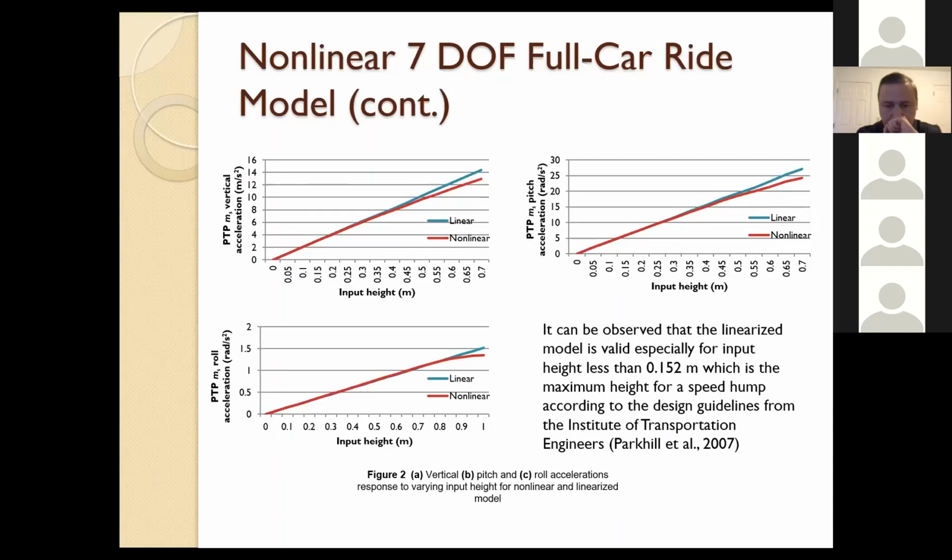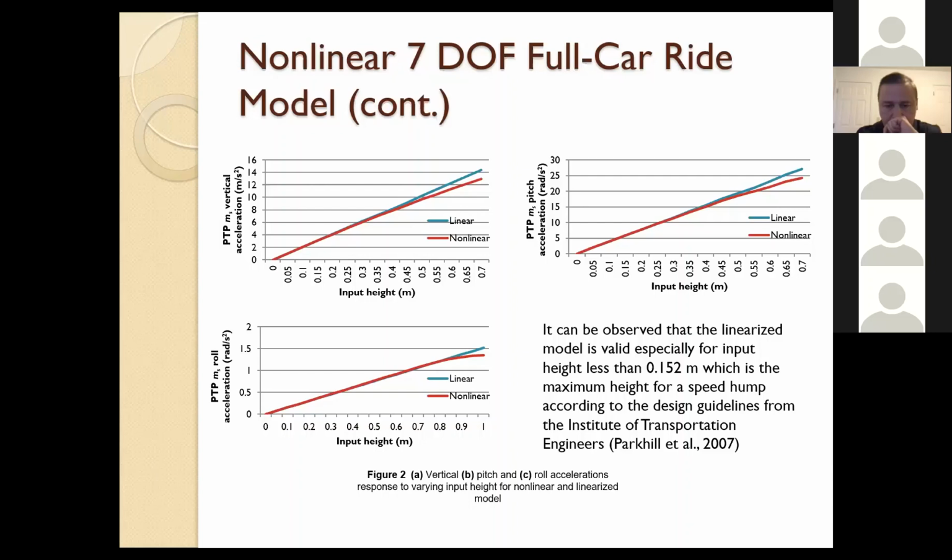When we compared the impact of nonlinearity between linear and nonlinear models for the discrete system, we found that in fact the linear solution is good enough up to a very high number of, for example, input heights, if we have a kind of a pulse mode or anything like this.